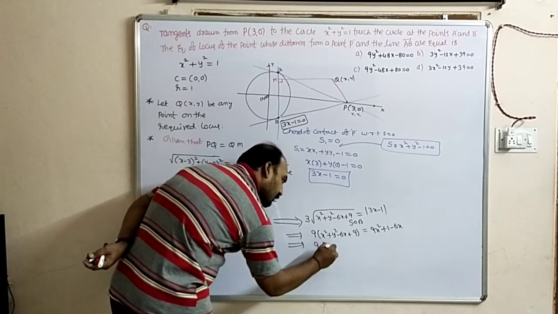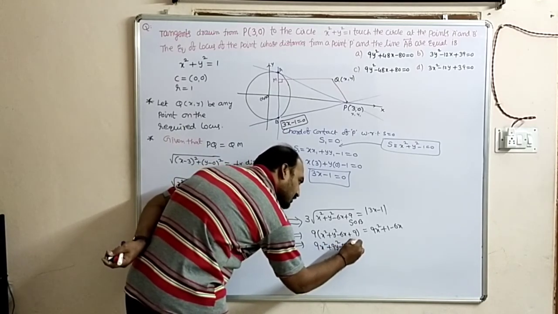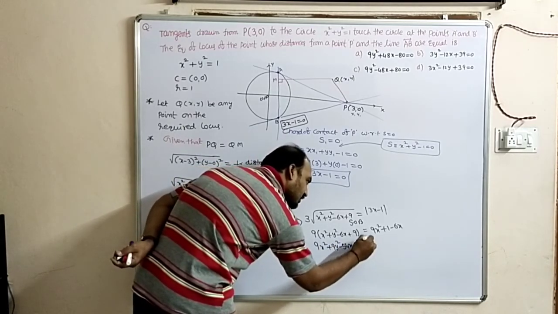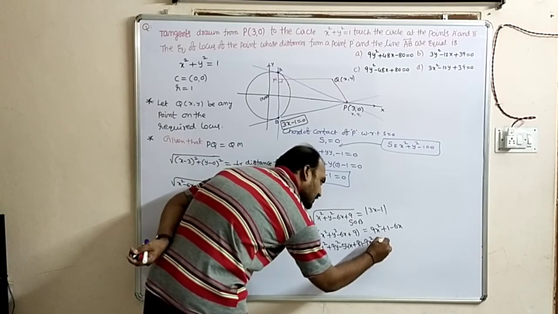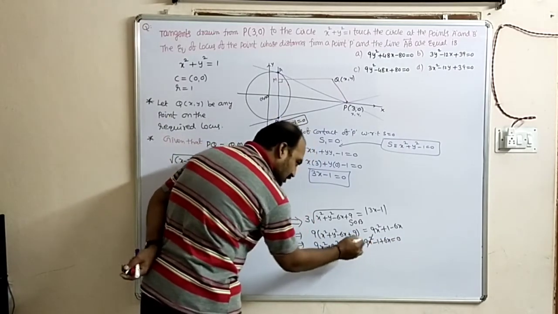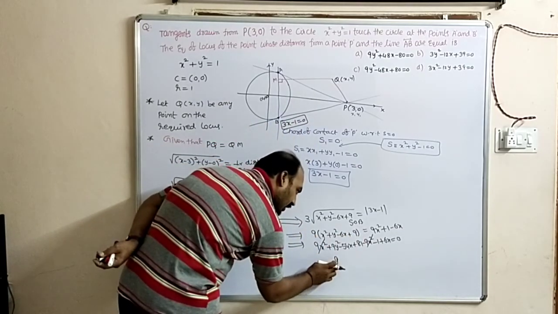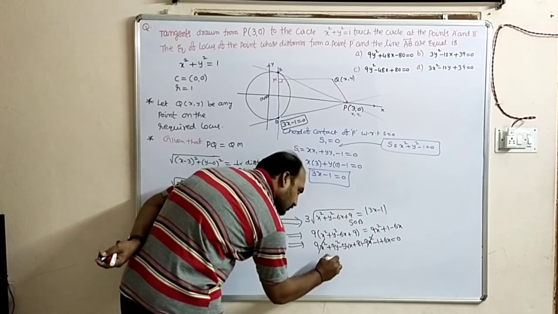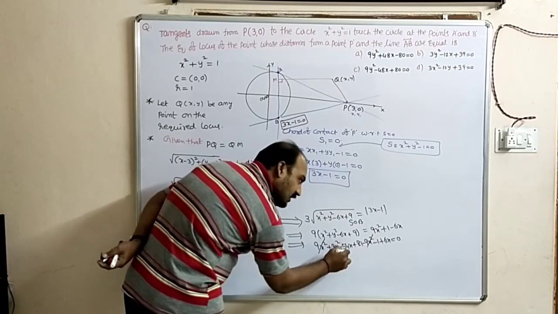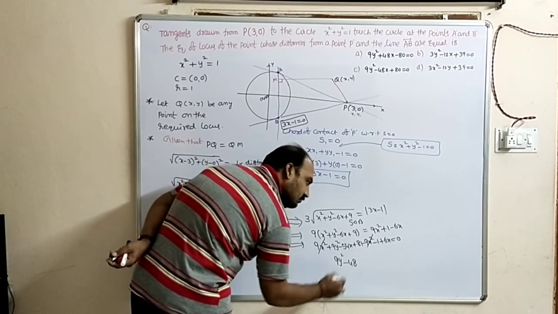9x squared plus 9y squared minus 54x plus 81 minus 9x squared minus 1 plus 6x is equal to 0. So here minus 9x squared plus 9x squared get cancelled. We will get 9y squared minus 54x plus 6x, minus 48x.